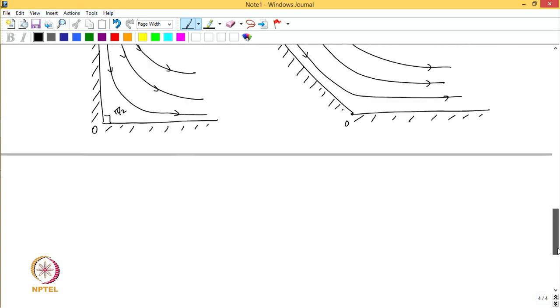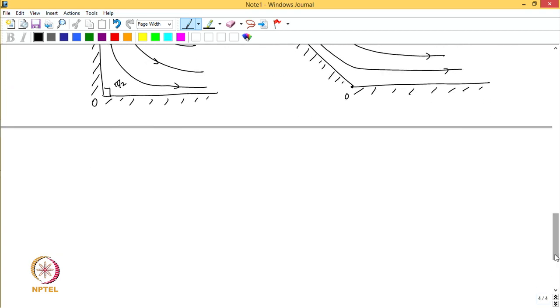Alright, now let me take another special potential. Let us consider f of z to be some constant value c into z to the power half or square root of z. So, we will take here the condition that c is real, and we want to now determine which situation does this correspond to.